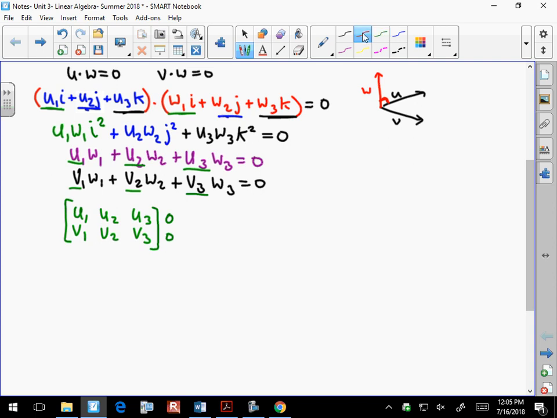This is either going to be brilliant or it's going to be a disaster. We're going to find out. All right, so row reduction. I want to get rid of that v1 on the bottom. So negative v1 over u1 times R1 plus R2.